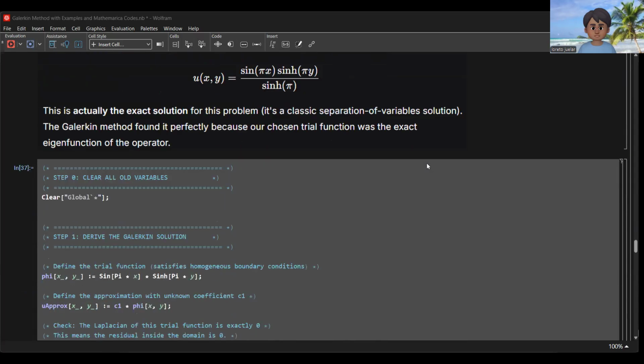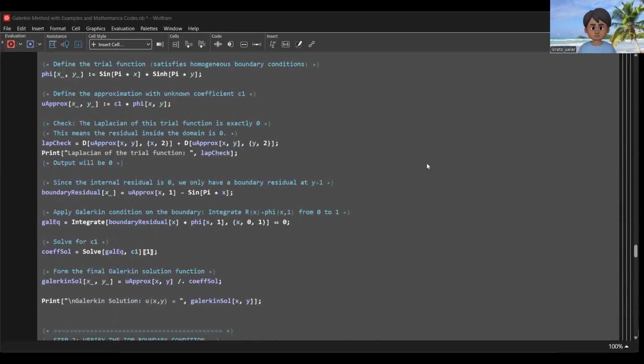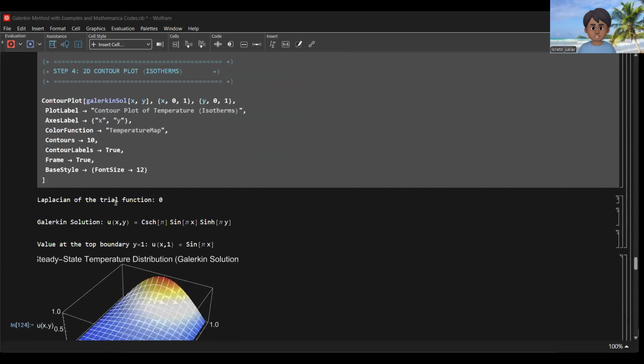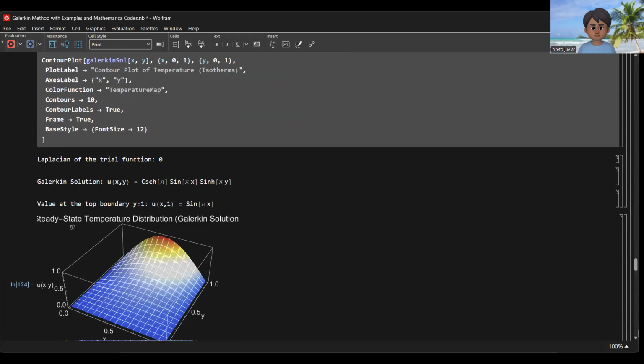So we have the mathematical code here. We have the Laplacian, the trial function, and the Galerkin solution here. This one. So the value at the top boundary, y equal to 1, u as a function of x and 1 here.